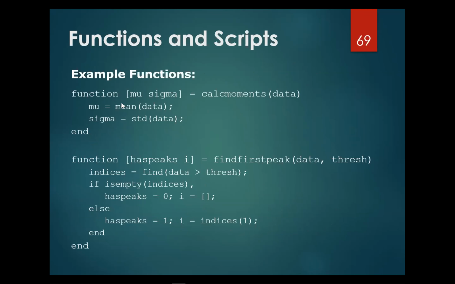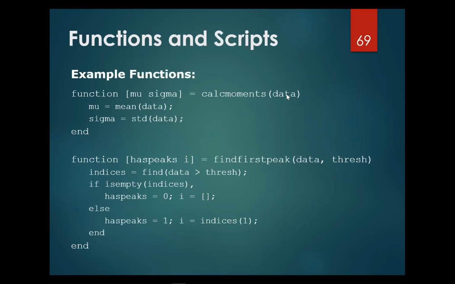A typical example is this. Function, we have mu and sigma. These are the output variables. So we have equal to, then the name of the function is calc moment, meaning calculate moment. And then the argument is the data. So mu is equal to mean of the data. When you enter the data here, you may assign the values to a variable called data, and then you run this.